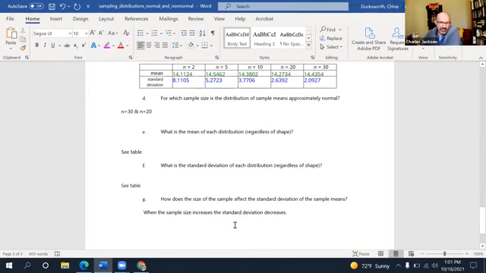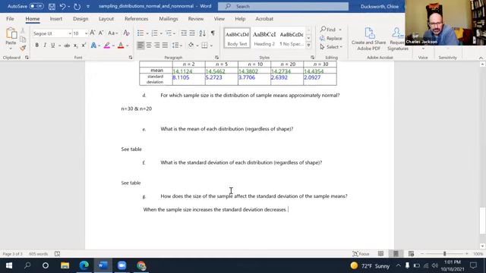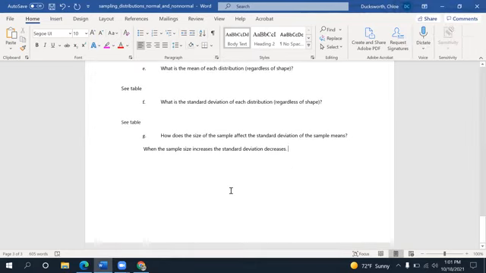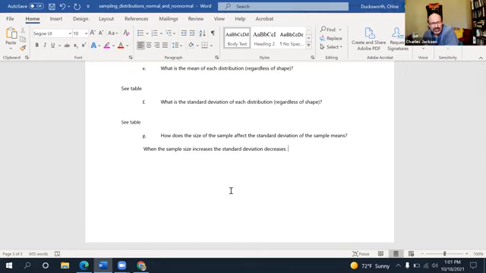How does the size of the sample affect the shape of the distribution? Oh, okay, they're not even asking that in G. They might ask that below. I'm sure they will. Go ahead and scroll down. That's it. That's the last. Oh, that's it? Okay, well, they should have asked that.